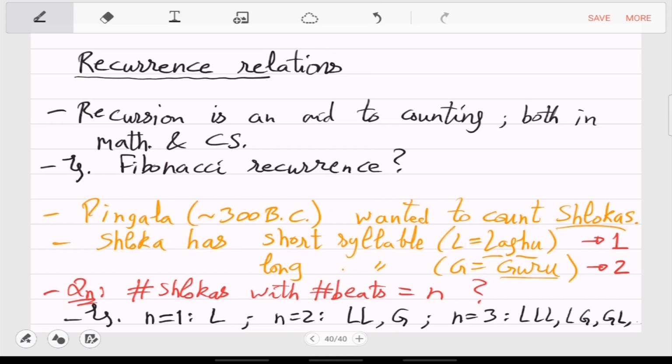So since it is under recurrence relations, you want to now express this function in terms of n minus 1, n minus 2 and smaller values. How do you do that? Exactly. So you basically look at a shlok which ends with L and look at a shlok which ends with G, and then those two are disjoint.